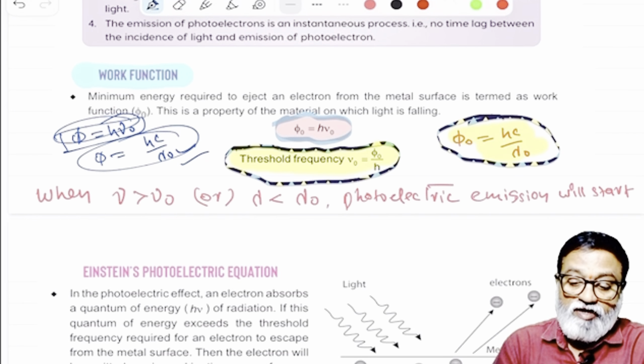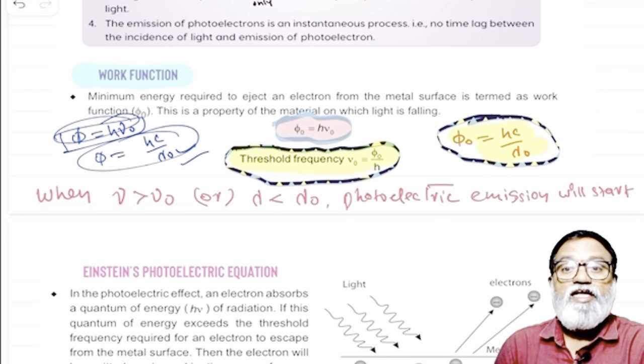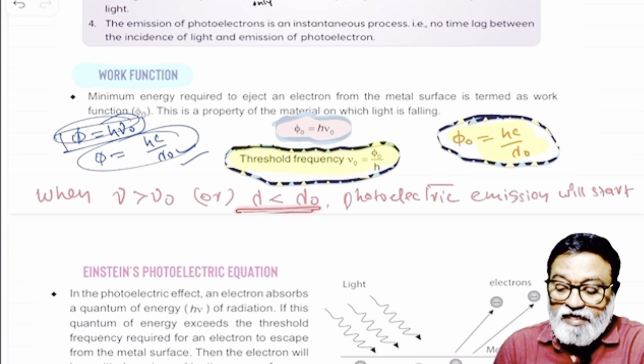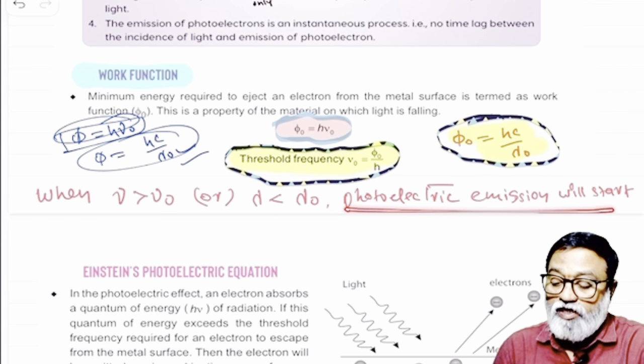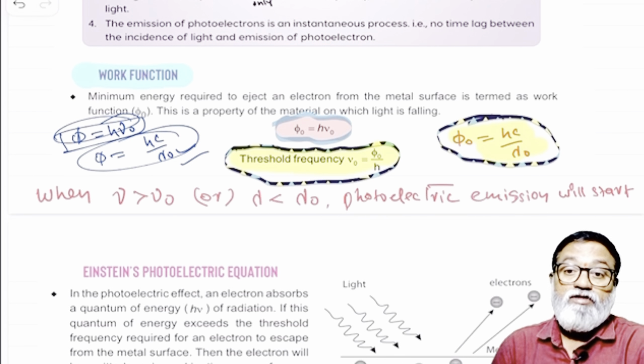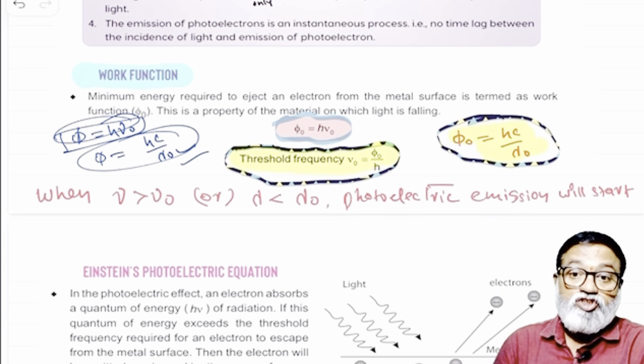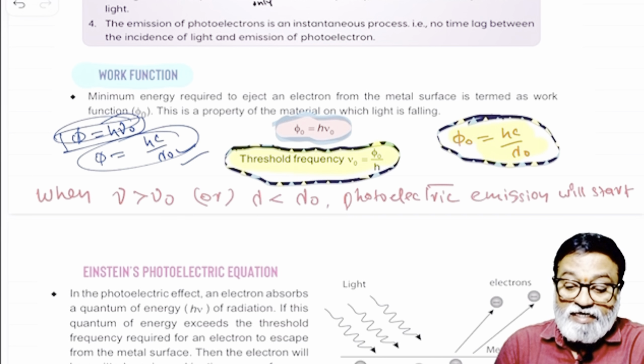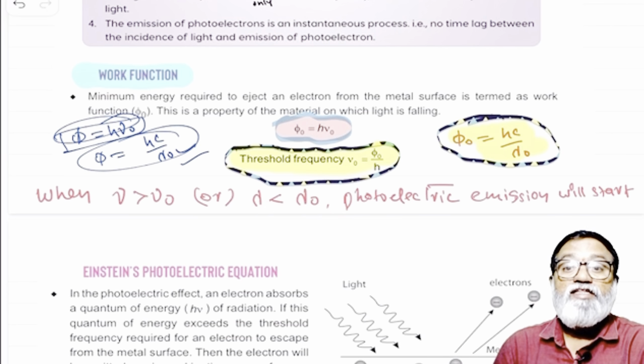Here's a very, very important one. When nu is greater than nu naught and lambda is less than lambda naught, photoelectric emission will take place. This is the condition. While doing problems, you have to first check this. If frequency is given, it should be greater than threshold frequency. If wavelength is given, the incident wavelength should be less than the maximum wavelength.